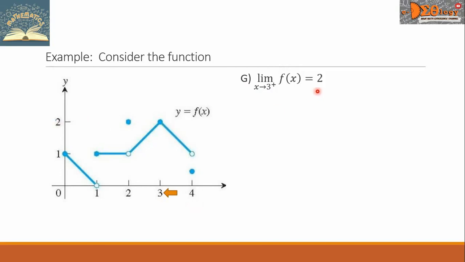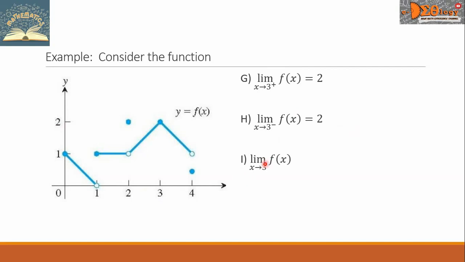So we write here 2. Example H is the limit of f of x as x approaches 3 from the left. So the number 3 is here. When x approaches 3, the graph is approaching a value of y which is 2. So we write here 2.